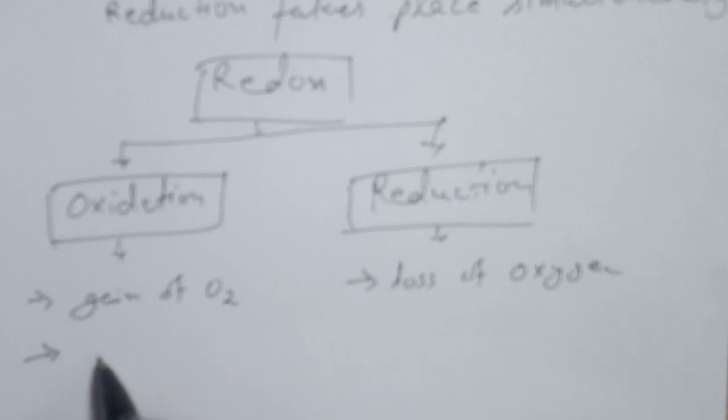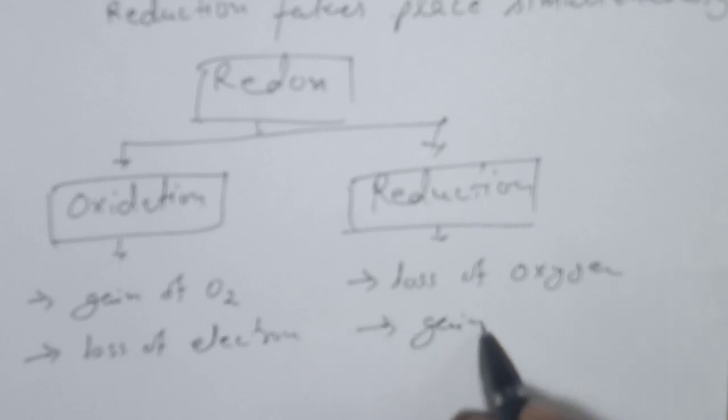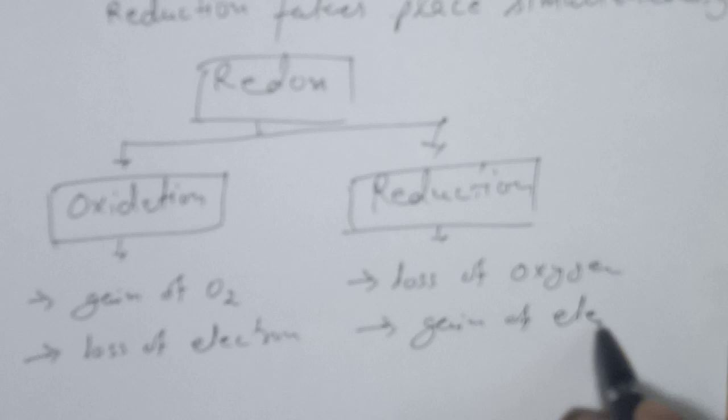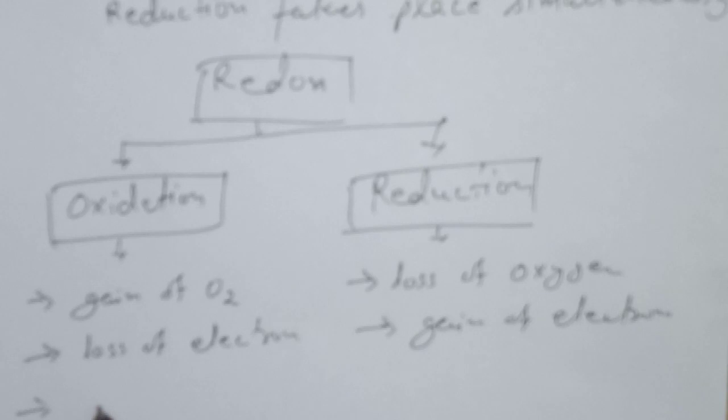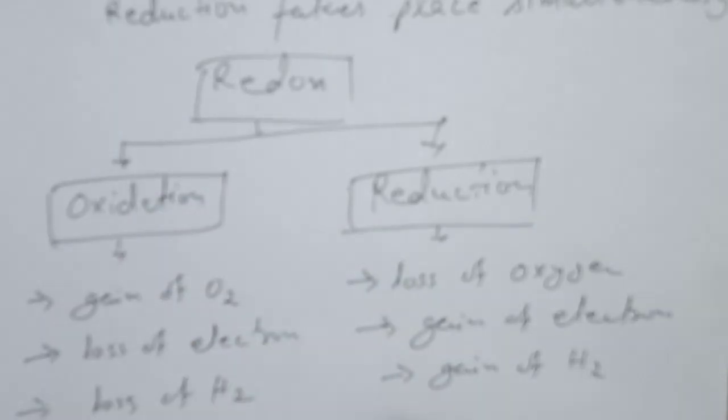Second, oxidation is loss of electron, and gain of electron is reduction. Similarly, oxidation is loss of hydrogen, and in reduction, gain of hydrogen. So this is the basic difference, and you can say the definition of oxidation.